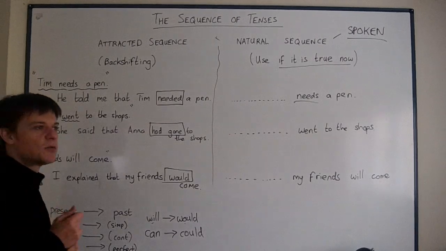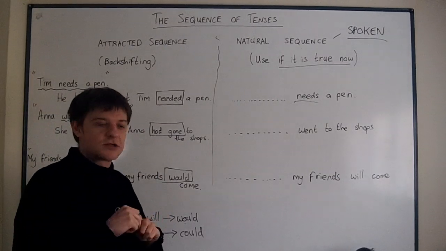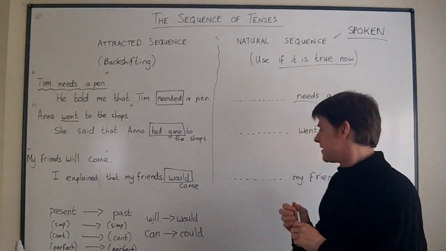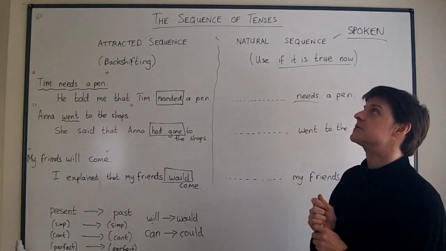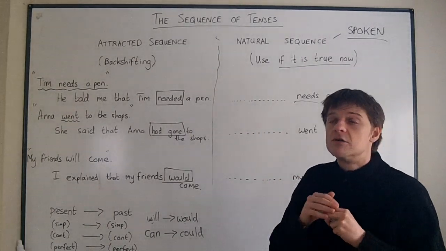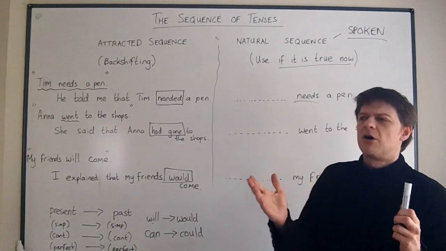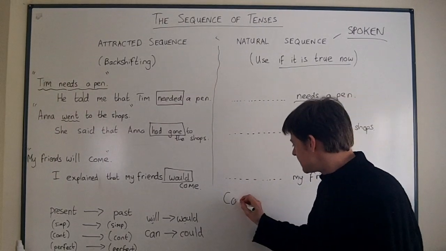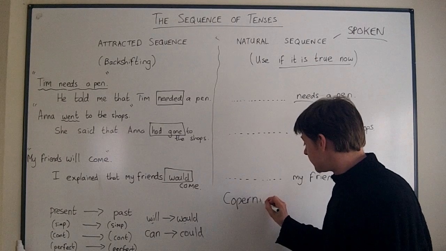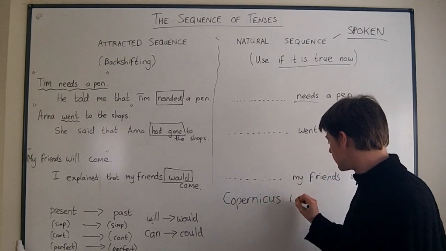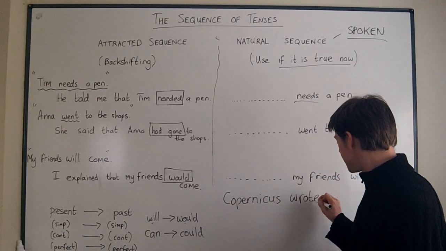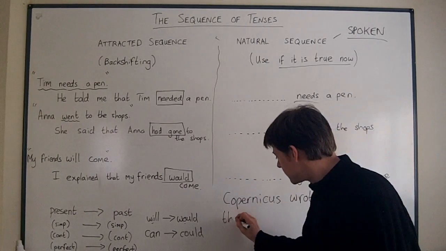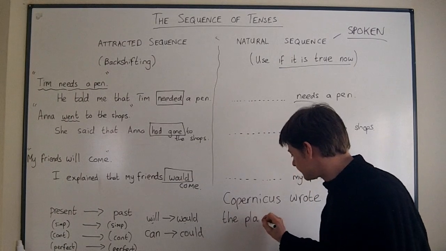You know, I suppose I could think of one time when I'm writing, and I might not do that. If I was writing about the history of science, and I was writing about Newton, perhaps Copernicus, I could say, Copernicus said, or Copernicus wrote even, Copernicus wrote that the planets go round the sun.